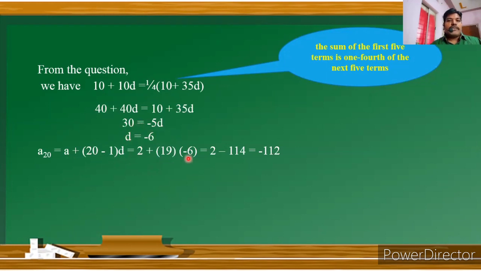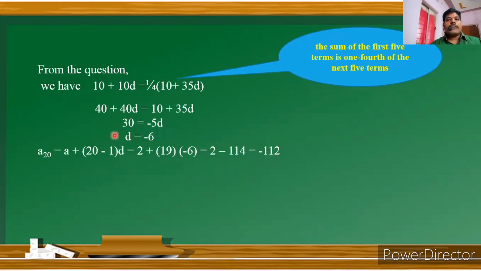Just replace the values here. So 2 plus 19 into minus 6, that is equal to 2 minus 19 into 6, which is minus 114. So 2 minus 114, that value is minus 112.